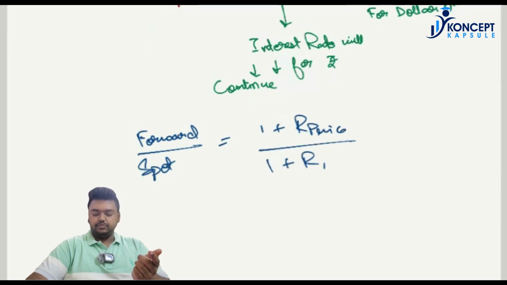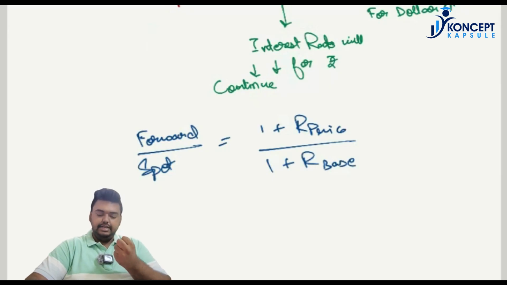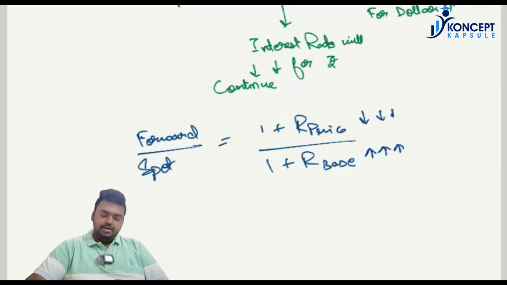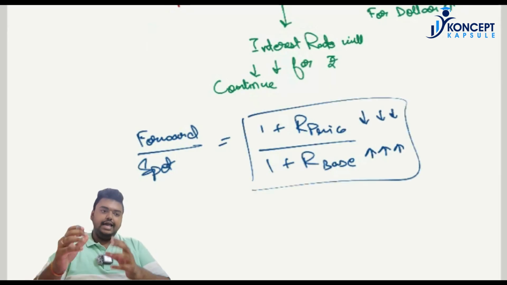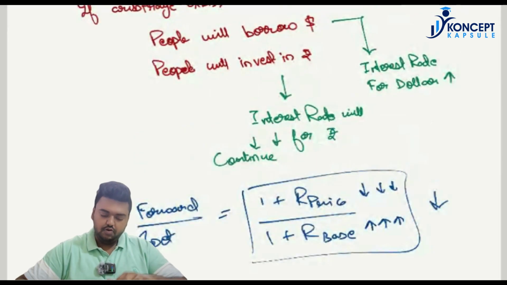Why? Because you will see your interest rate for the base will increase and your interest rate for the price currency will fall. Eventually your entire ratio will fall.